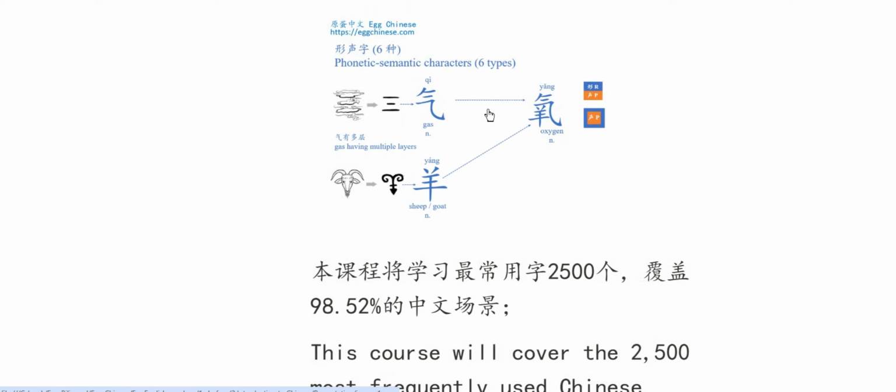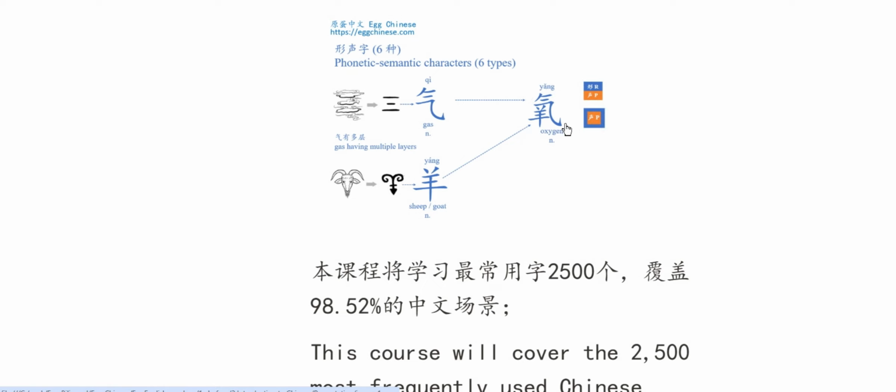Because in ancient China we had these two characters, and in modern times, we needed to create a new character for oxygen because oxygen was discovered in recent times, not in ancient times. So we needed to create a new character.